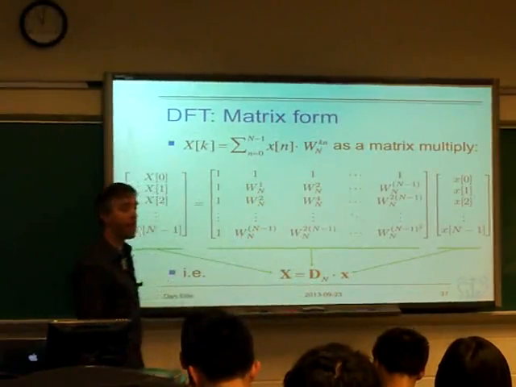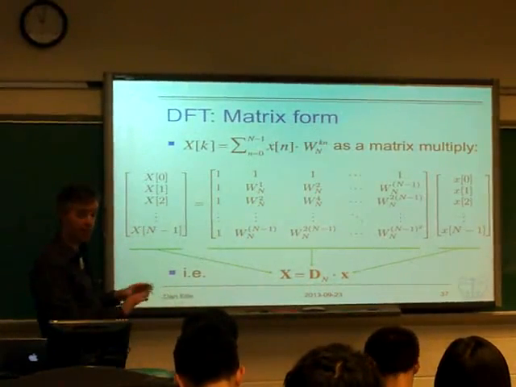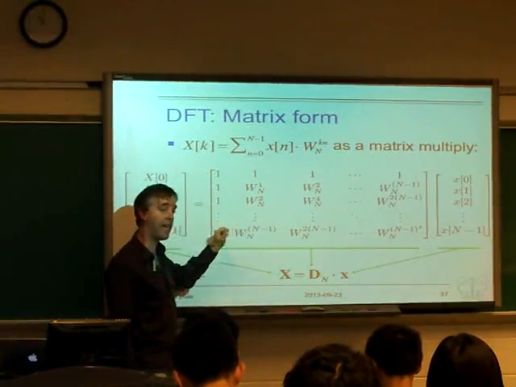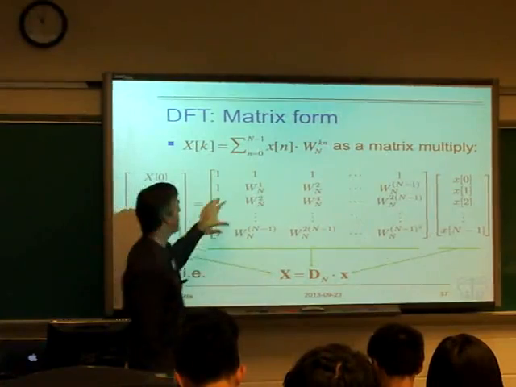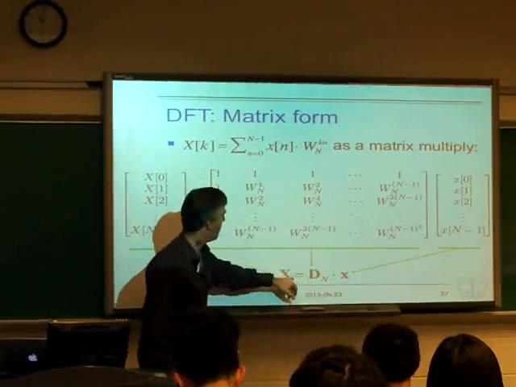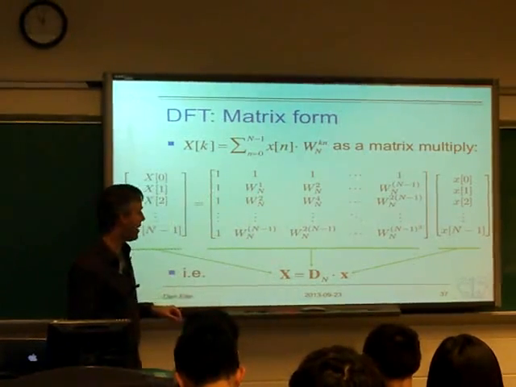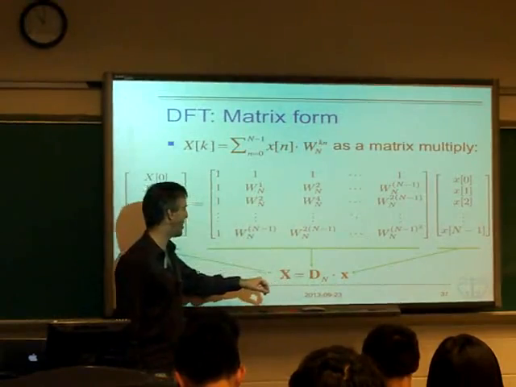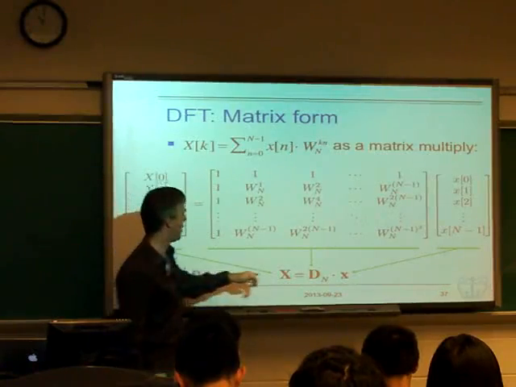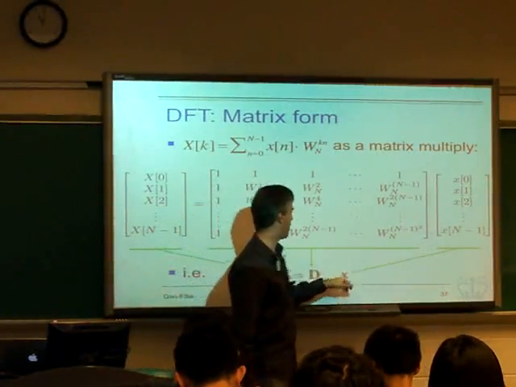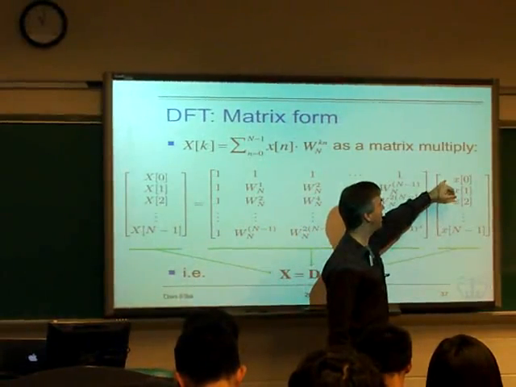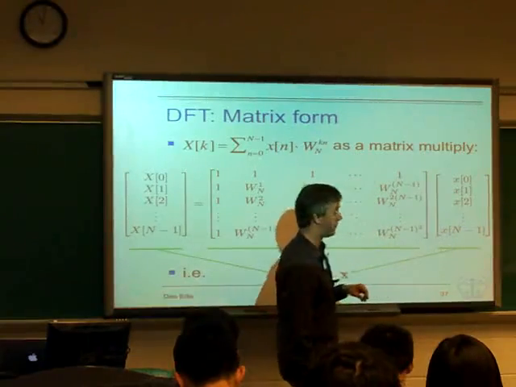So we can write the whole thing down as a matrix multiply, where this is now a nice N by N, big N by big N matrix. So we can call that D sub N. We can say that the vector of the DFT values, which I'm writing as big bold X, big X 0 through big X N minus 1, is just D_N times little bold x, which is my time domain vector representation, little x 0 through little x N minus 1.